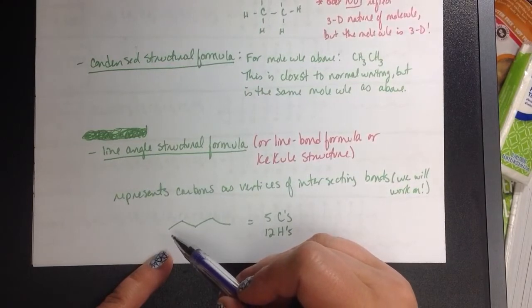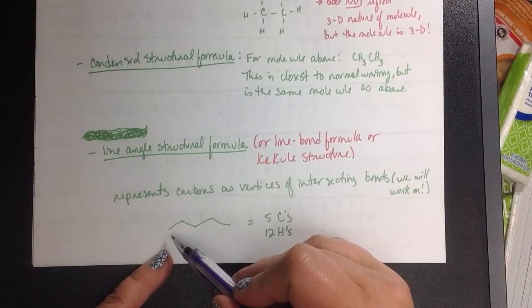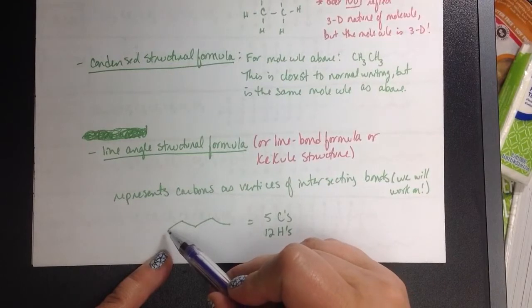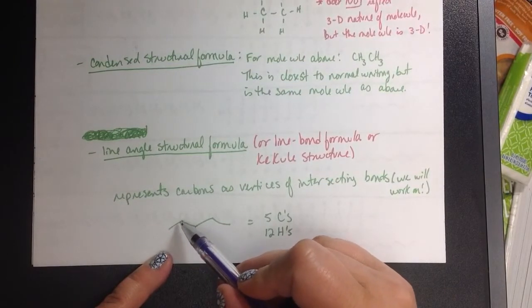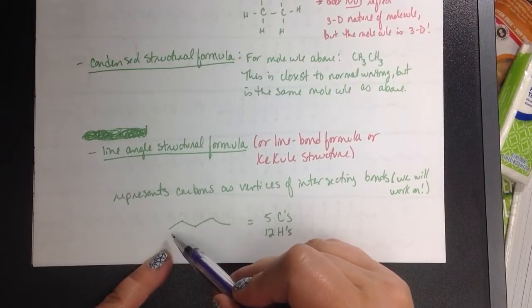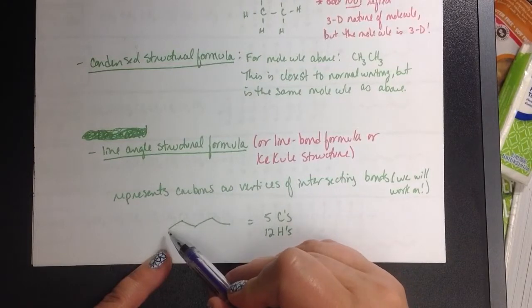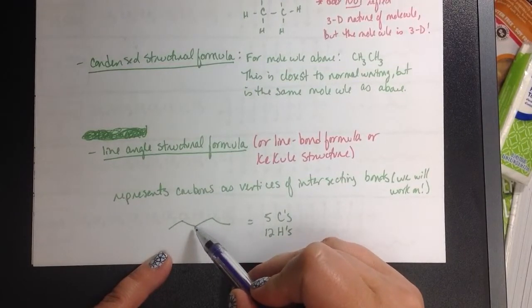Carbon bonds 4 times. So if something is not written there, then that means there's a hydrogen that's understood to be there. So for example, this carbon is bound once to this carbon. That means that there's 3 other bonds to hydrogen. This carbon has a bond to both that carbon and this carbon.